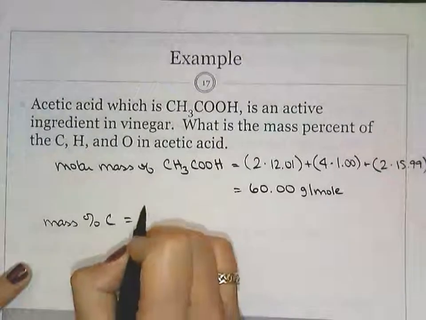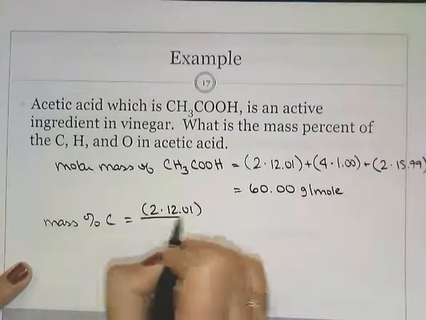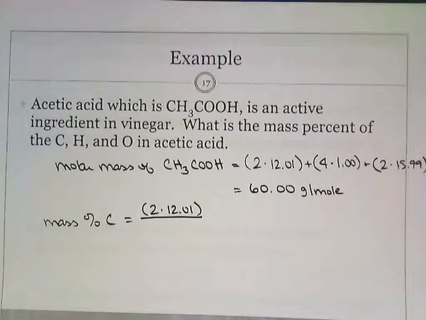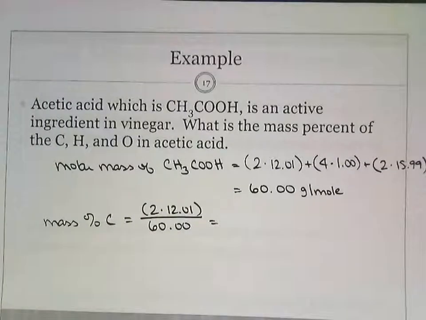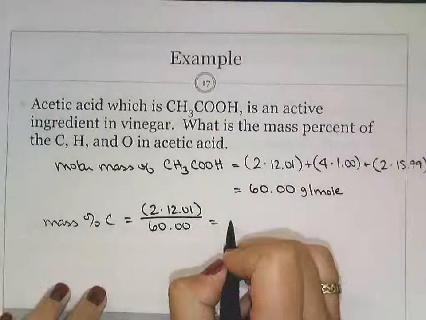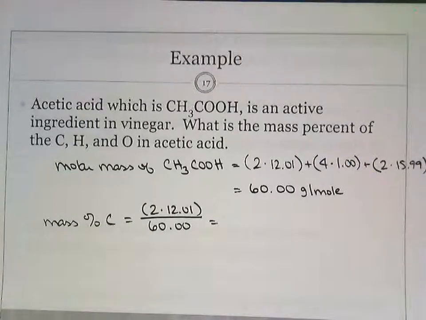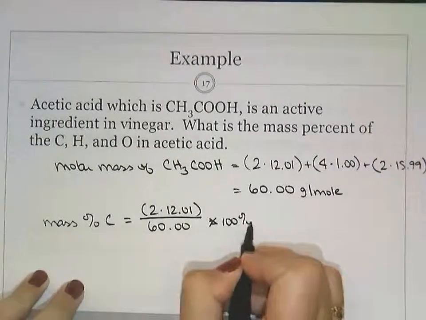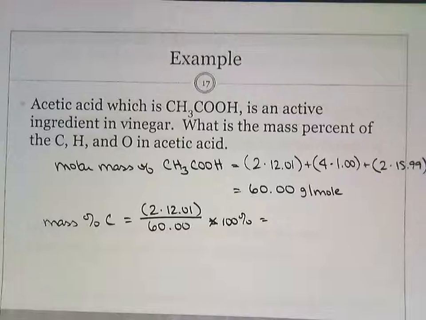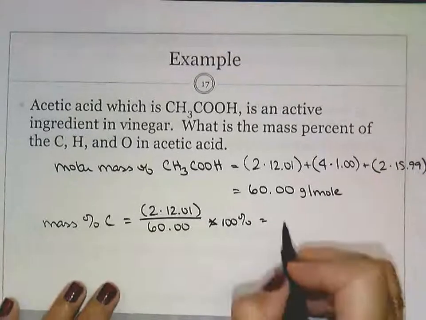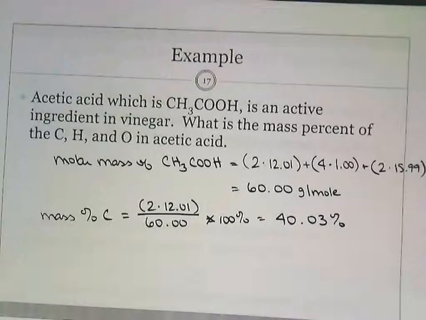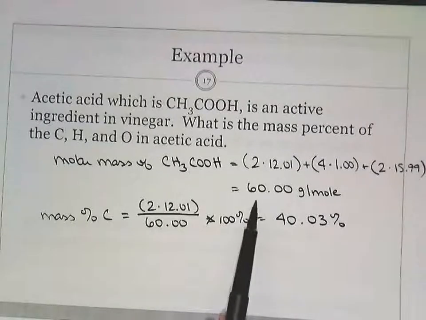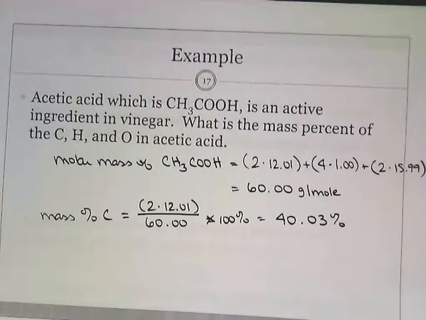So 2 carbons, each with a mass of 12, over the entire mass. How do I turn it into a percentage? Because it's a fraction, then times 100%. So in acetic acid, 40% of that mass is carbon, which makes sense, because if the carbon weighs 24 and the whole thing weighs 60, that's almost half.